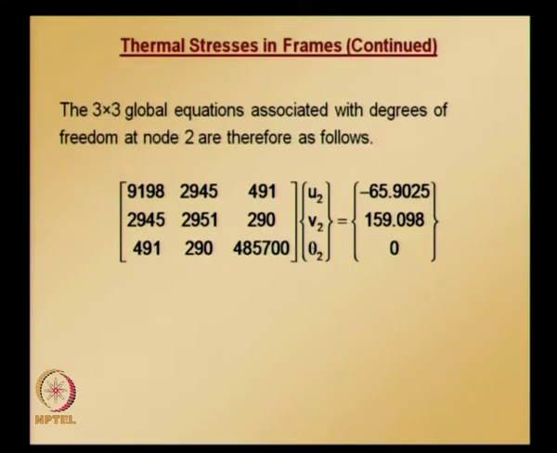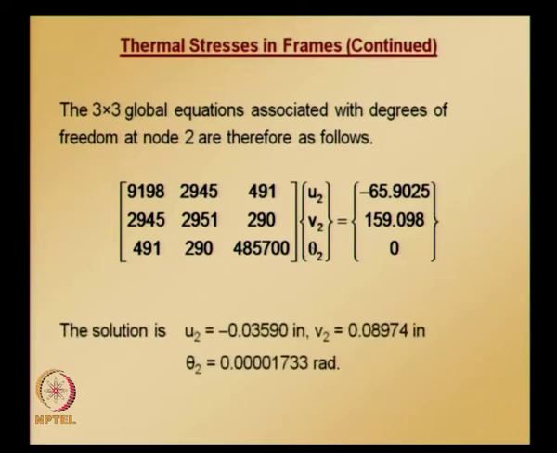Using these, we get this reduced equation system, which we can solve for u2, v2 and theta 2, the unknowns at node 2. So, these are the values. Now we have all the nodal values.